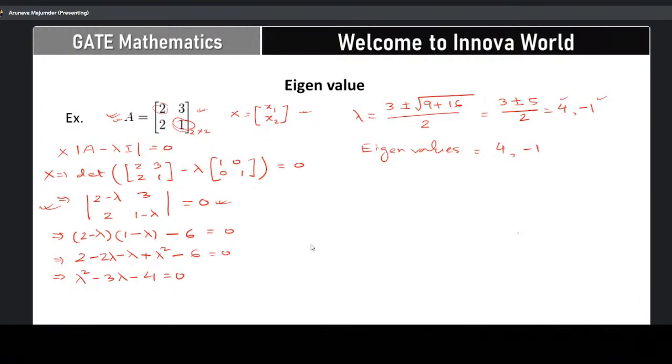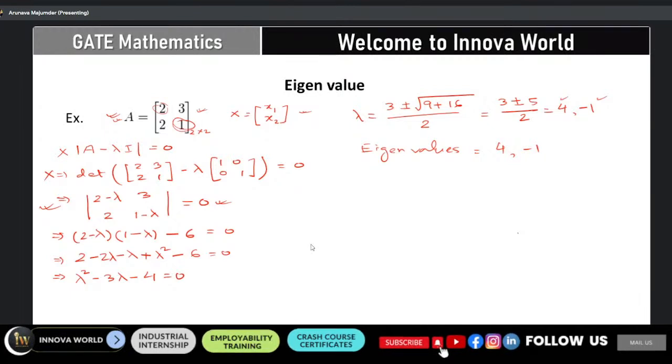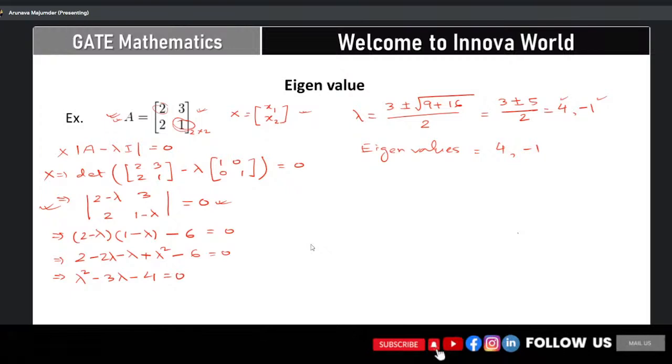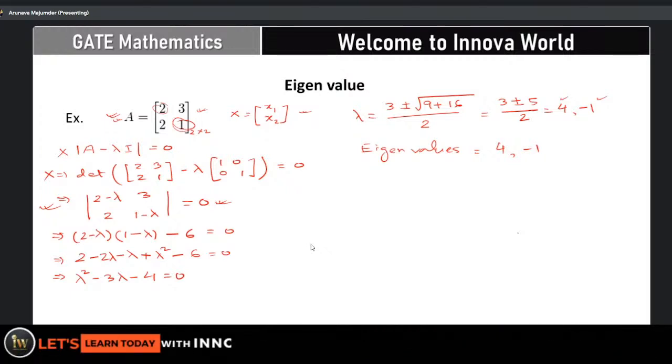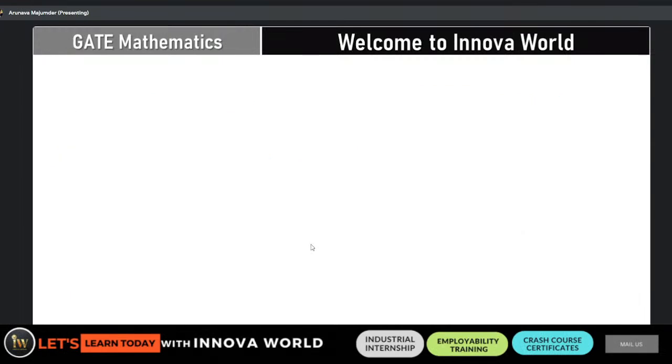Okay, so let us explain another example of eigenvectors, and this time we will take a 3 cross 3 matrix. So another example of a 3 cross 3 matrix.